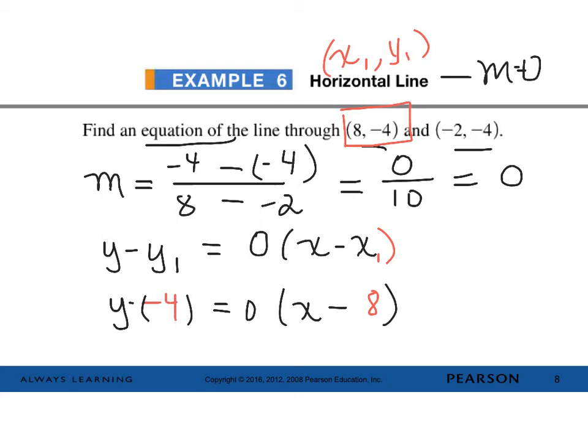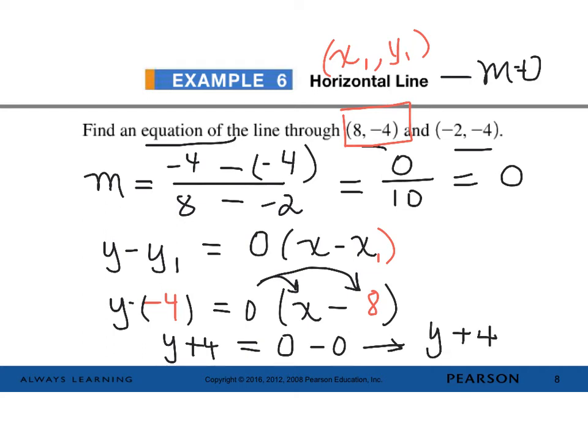So y minus negative 4 is y plus 4. 0 times x is 0. 0 times negative 8 is 0, which tells us that y plus 4 equals 0. And when we solve that by subtracting 4 from both sides so that we have only y, this results in y equals negative 4.